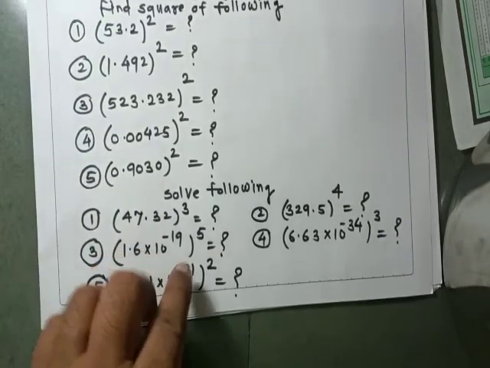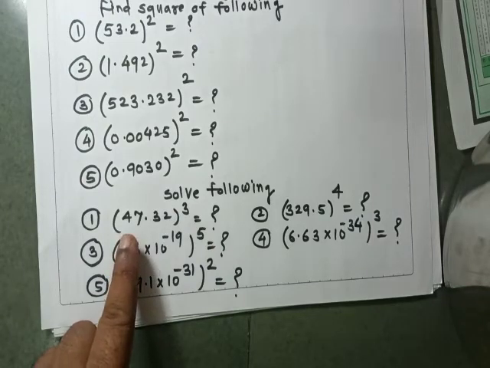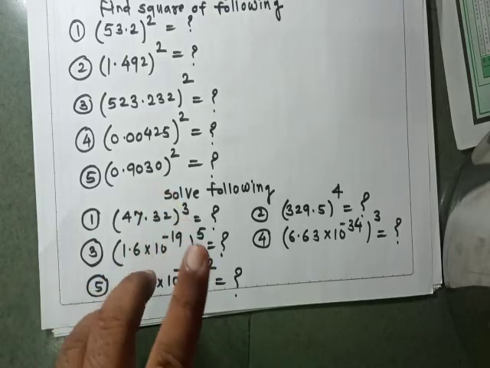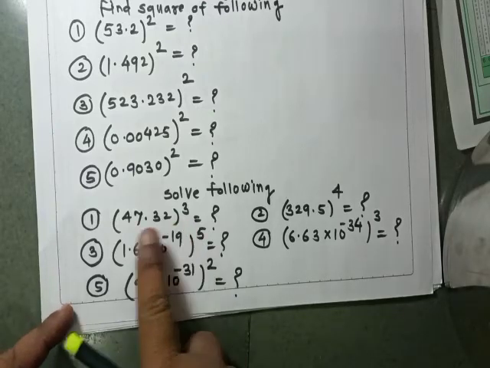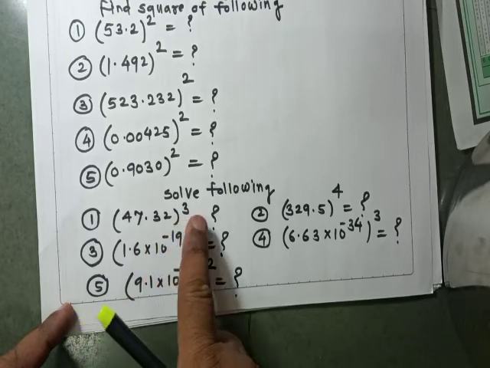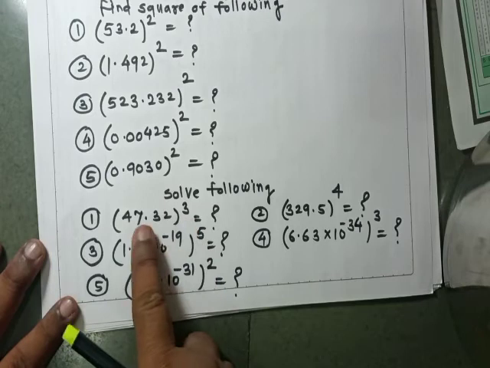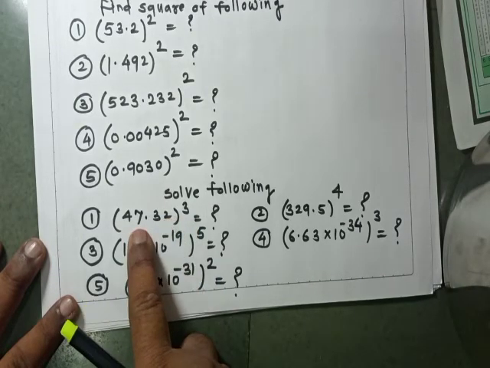Here, solve the following: 47.32 cube. When cube is there, there is no facility for finding cube, but there is a facility for logarithm. So 3 times 47.32 multiplied by 47.32 multiplied by 47.32, then we can add them, take the antilog, so we can find their cube.